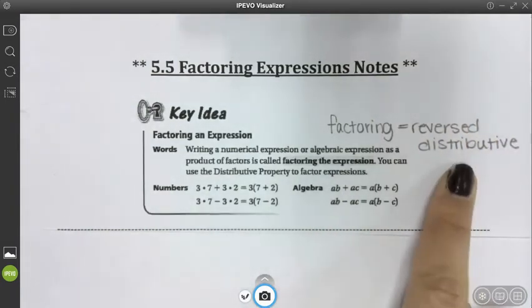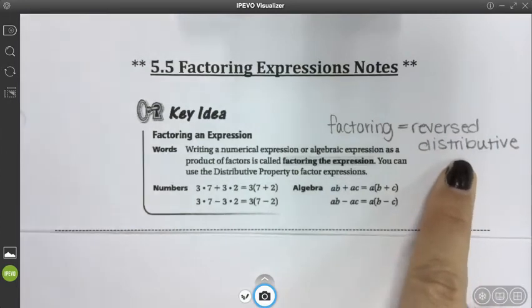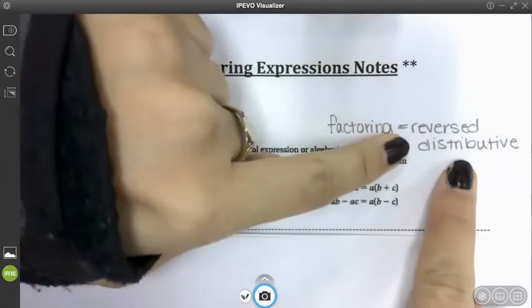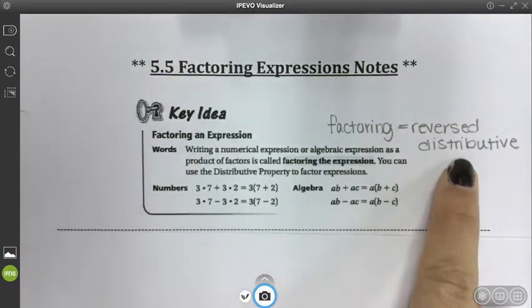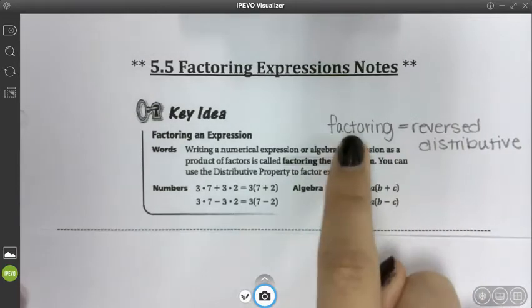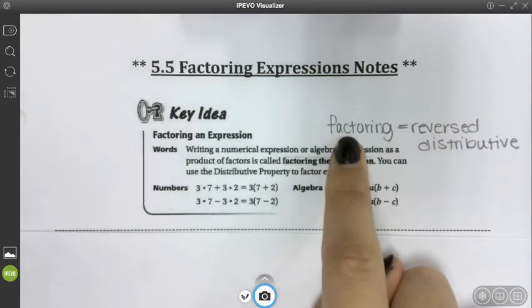When we distribute a number, we're multiplying, right? We talked about how in PEMDAS, multiplying, you might see the distributive property, which represents multiplying. So if it's reverse distributive property, when we factor, we're going to be dividing.